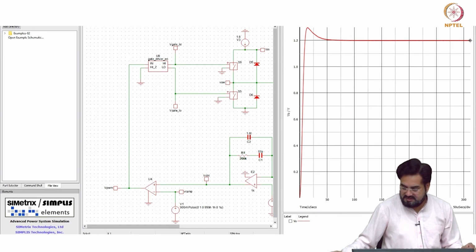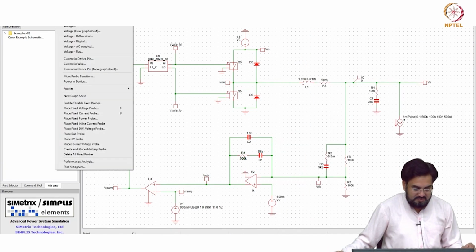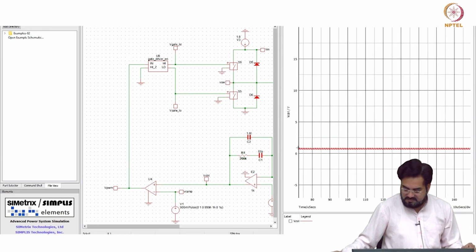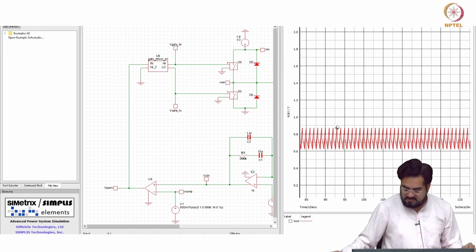Okay, so output is settled. Probe voltage. So this is what we are getting here.